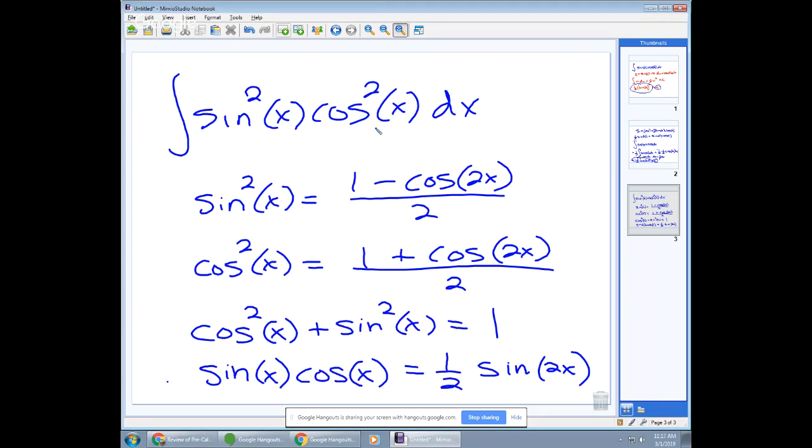And remember, with the double angle formula, or the half angle formula for sine and cosine, the divide by 2, you could view it as multiplied by 1/2.